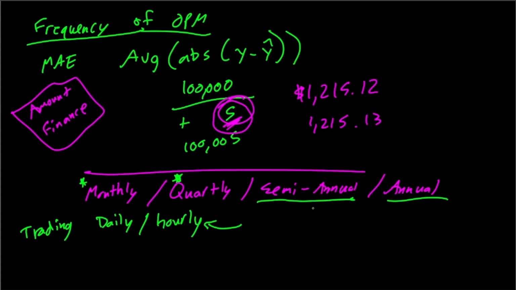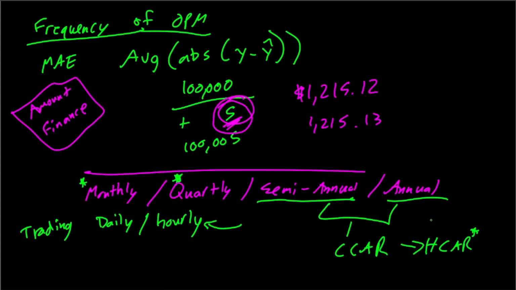If you're doing something like CCAR, which is the Comprehensive Capital Assessment and Review, there's also something called HCAR, Horizontal Capital Assessment Review, whatever that one is now for the smaller banks. Again, you're going to be using GDP, unemployment, all that, and it is going to be monthly data. It means you have 12 new points per year.